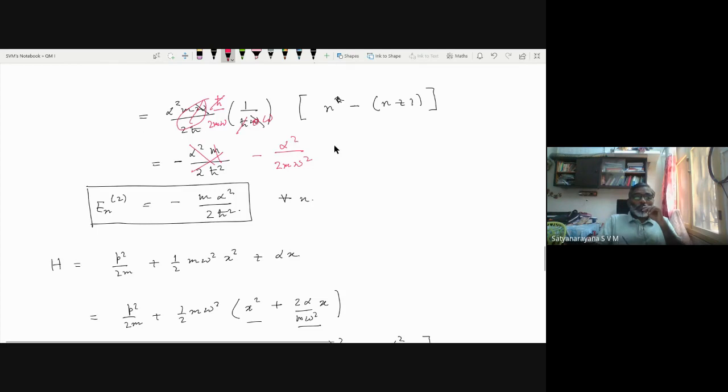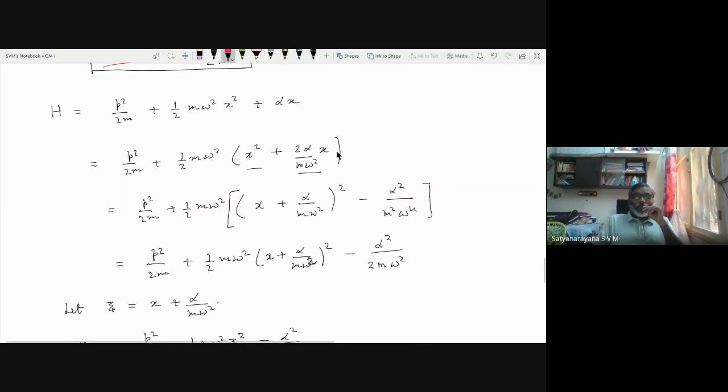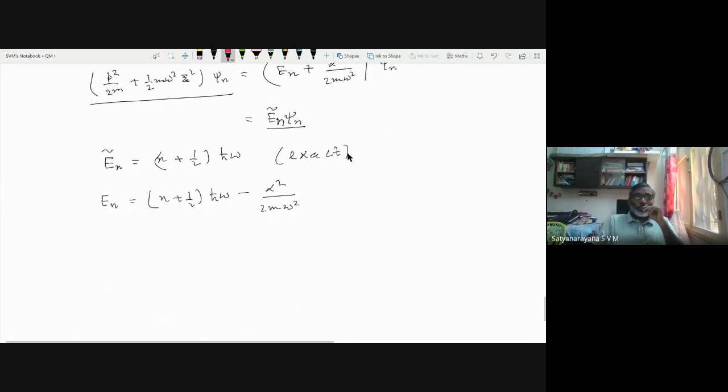So that will be your E_n^(2). E_n^(2) is equal to minus alpha square by twice m omega square. So that is what we will have here. This is the exact solution. Of course, it is possible to get an exact solution here.